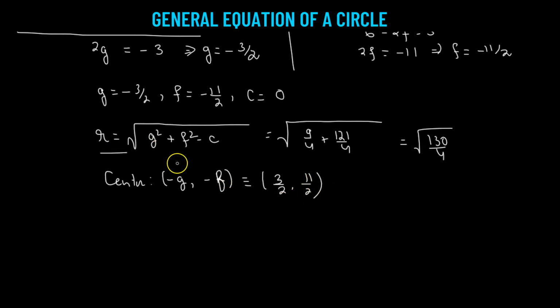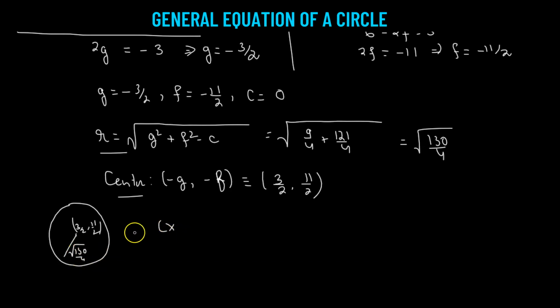Now that we have the information regarding the radius and the center, we are ready to find the equation of the circle. So we have a circle with center (3/2, 11/2), and the radius is the square root of 130 over 4.